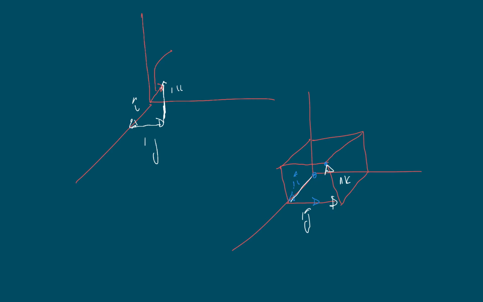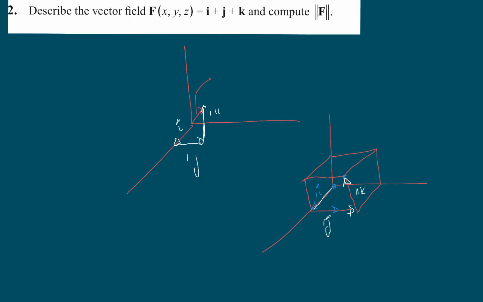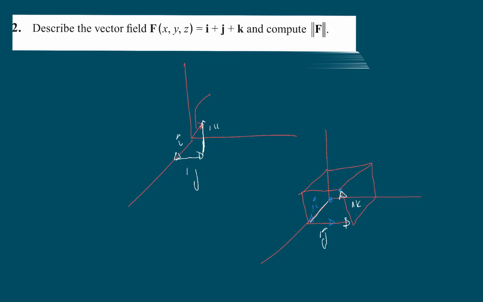And this same vector exists all over the space. So the vector field i plus j plus k is the vector that goes in this direction, from (0, 0, 0) to the point (1, 1, 1).